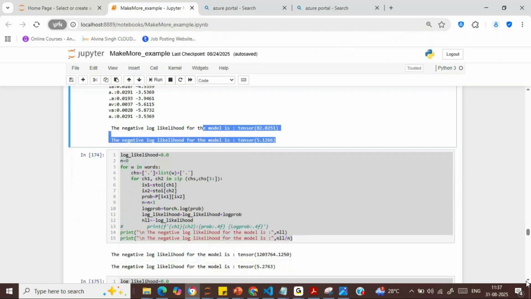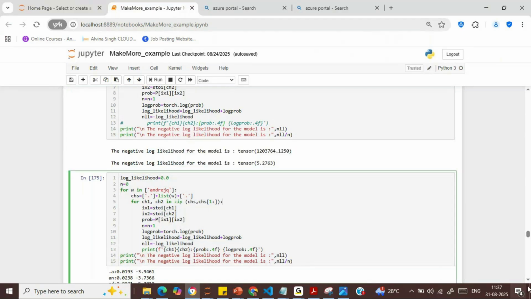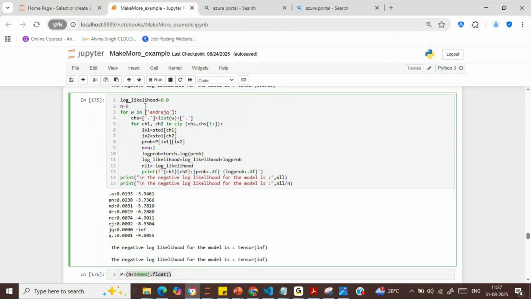Then we have seen it with respect to all the words given in names.txt. There are certain names whose combination is 0 with respect to the given names.txt, and in that particular situation the outcome will come as infinity.